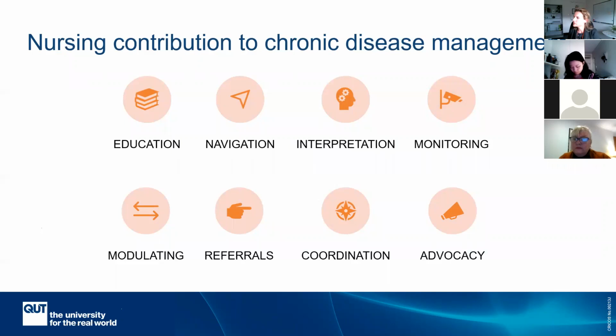Do you do referrals? Do you coordinate? Do you act as an advocate for your patients? Feel free to pop stuff in the chat if you're looking at that and going, yes, I do all of those. Leanne said advocacy is really important.